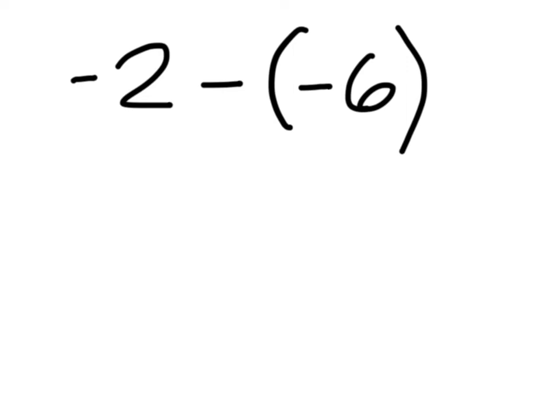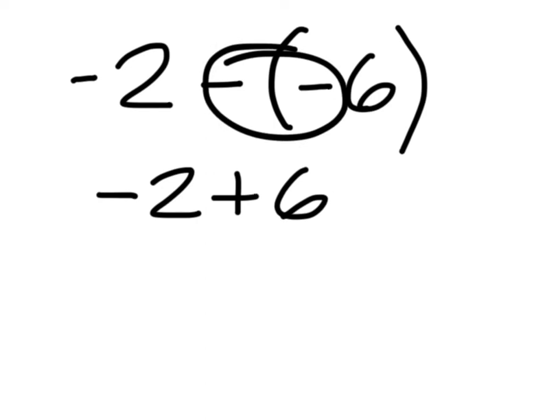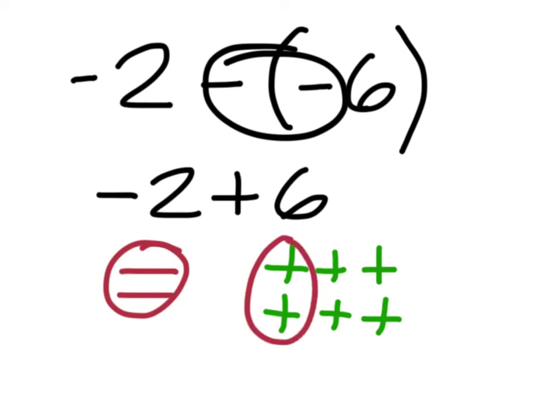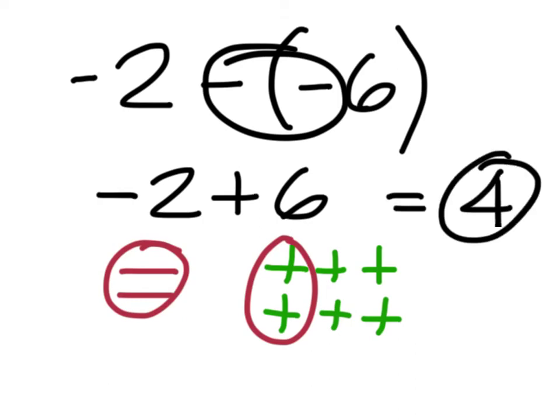Negative 2 plus 6. These become plus. And then from there you can do 6 positive signs and then 2 negative. If I match up these 2 negatives with 2 positives, what's my answer? 4.